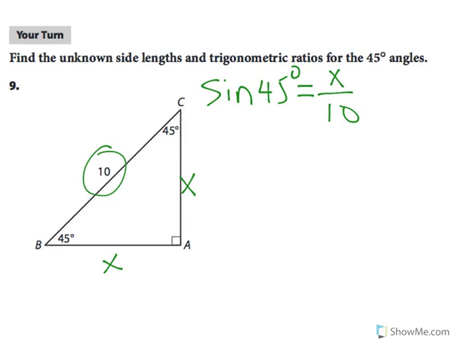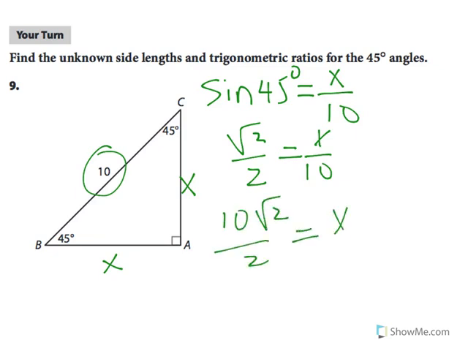But we know that sine of 45 degrees is radical 2 over 2, which gives us x over 10. So then we can use cross products. So this becomes 10 radical 2 over 2 equals x, reduced to 5 radical 2 equals x.